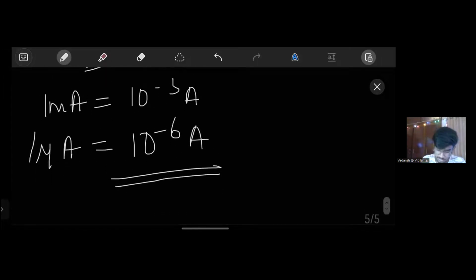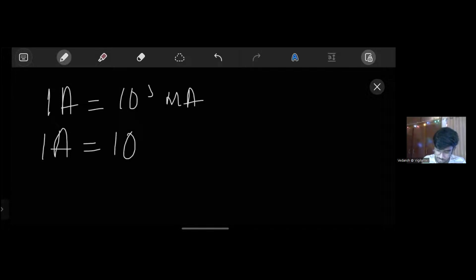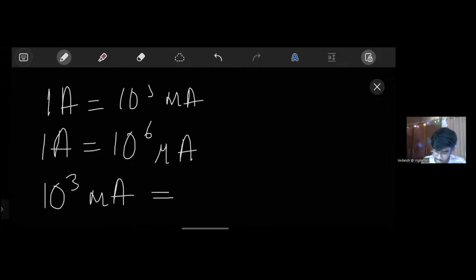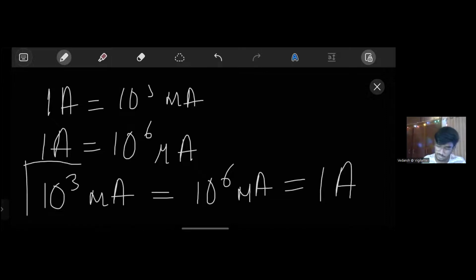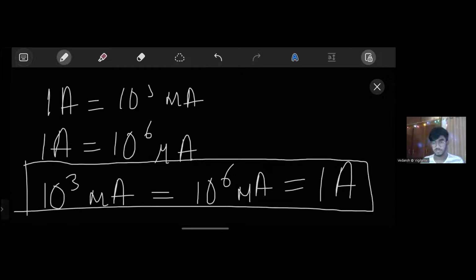I can say that 1 ampere is equal to 10 raised to 3 milliamperes, and 1 ampere is also equal to 10 raised to 6 microamperes. This is the relation between milliampere, microampere, and ampere.